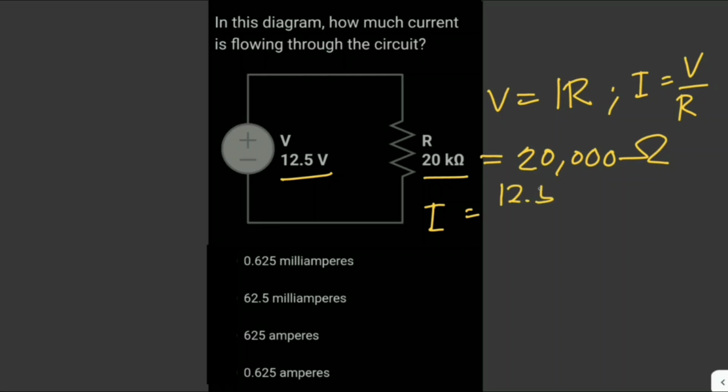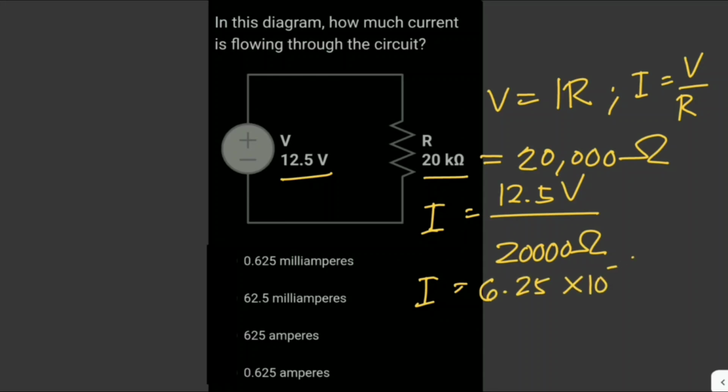So that would be 12.5 volts divided by 20,000 ohms. So this would give us an answer that is equivalent to 6.25 times 10 to the negative 4 amperes, or 0.000625 amperes. But in the choices here, we don't have amperes, but we have milliamperes.